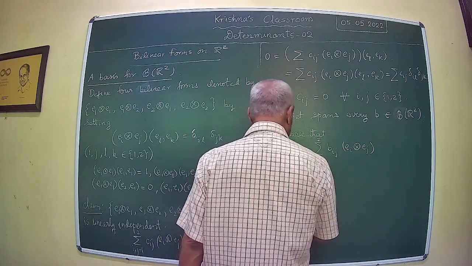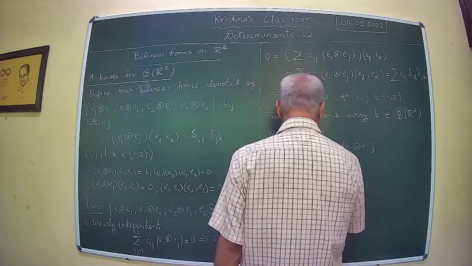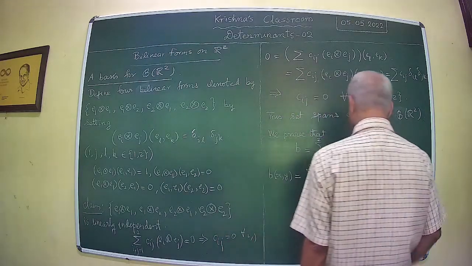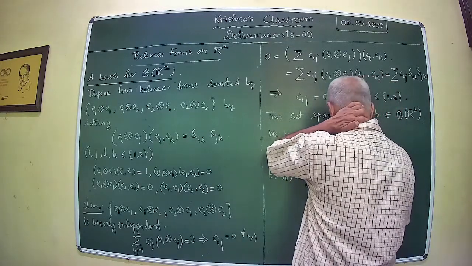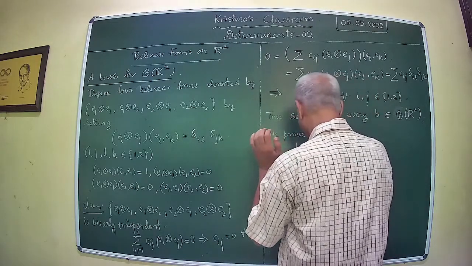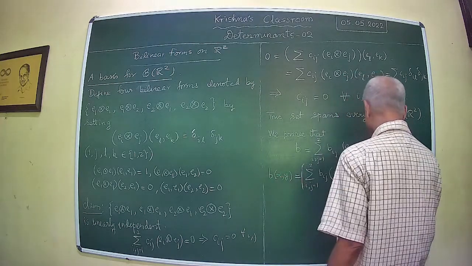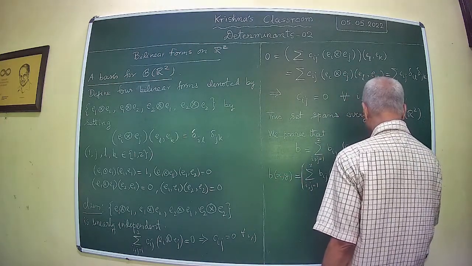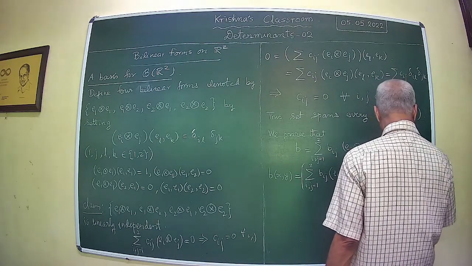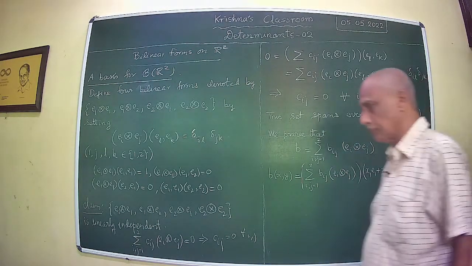This is equal to sigma. x1 e1 plus x2 e2 is the unique representation of x.